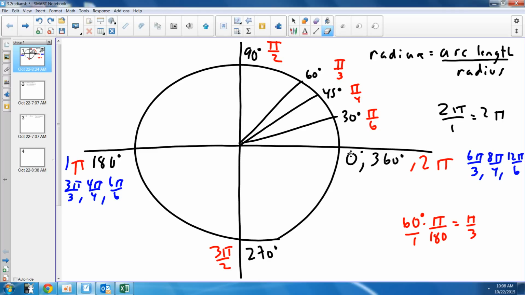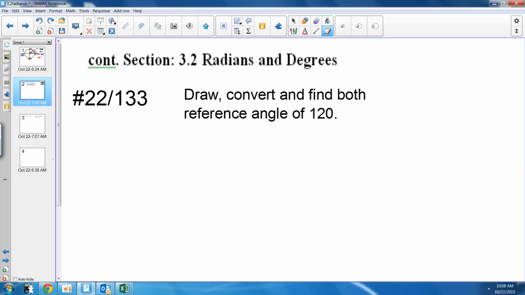Let's go ahead and do some problems. We're going to do the second day on radians. First day was what's a radian, how do you draw it in, how do you convert between the two. The second day, which is today, is going to only focus on the radian measures.